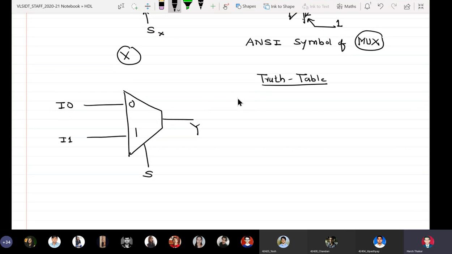According to this functionality, my truth table is very simple. S and Y. When S is 0, Y is I0; when S is 1, Y is I1. This is the functionality.